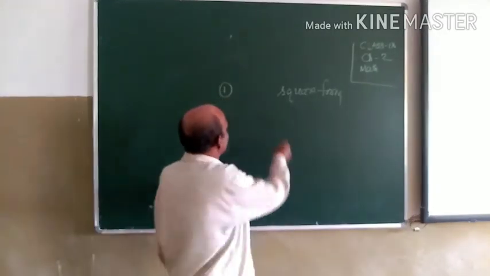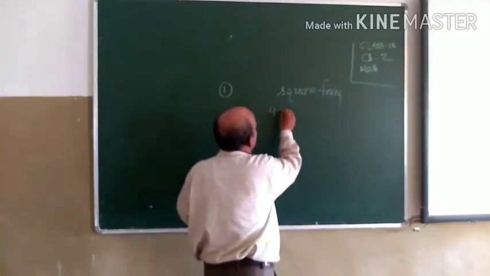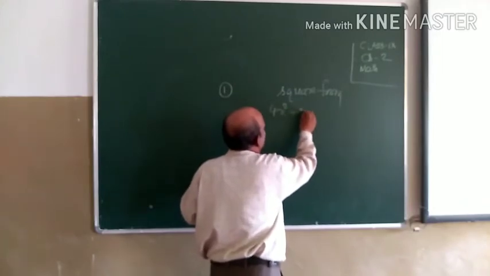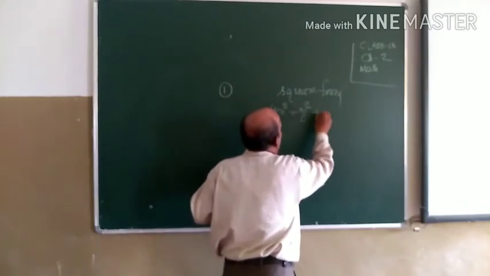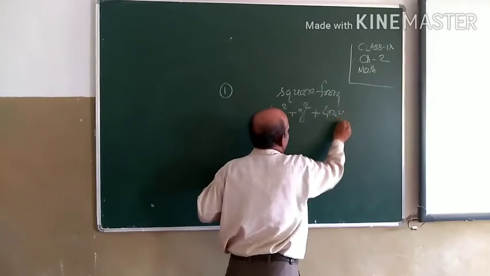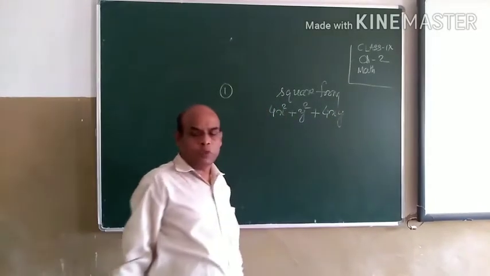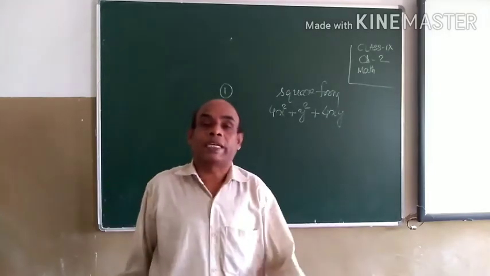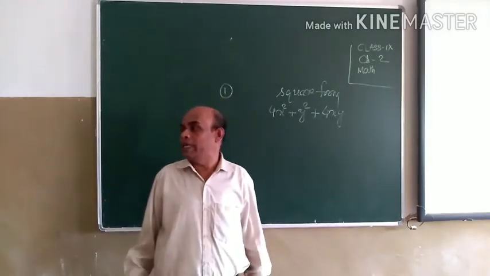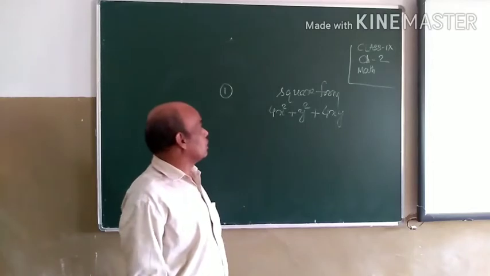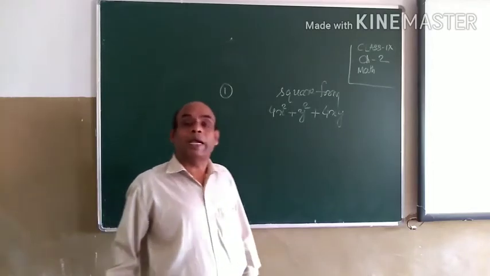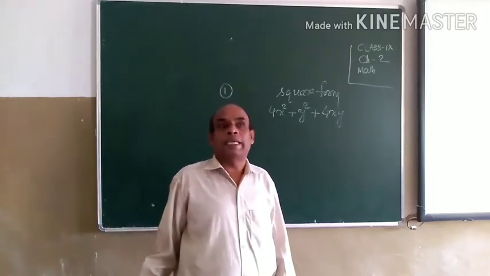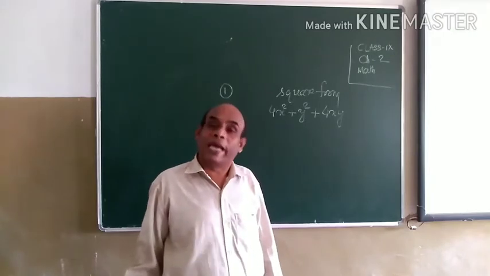For example, suppose the given question is 4x square plus y square plus 4xy, and you have to factorize it. So you have to adopt the complete square method.